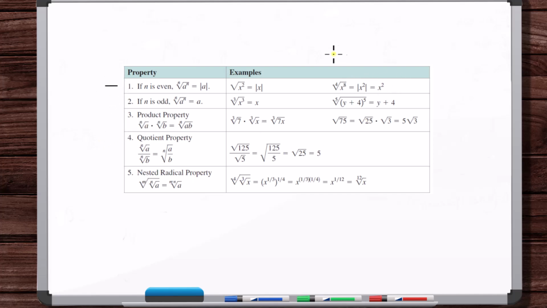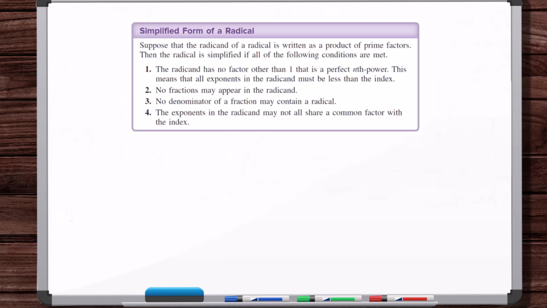But with these properties, you use them to simplify radical expressions, and the general idea was that you could identify 4 different points that would indicate that a radical expression is not fully simplified. For any radical expression, if you have any of these 4 cases, then it's not done being simplified.